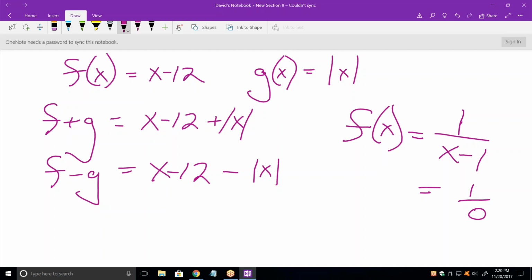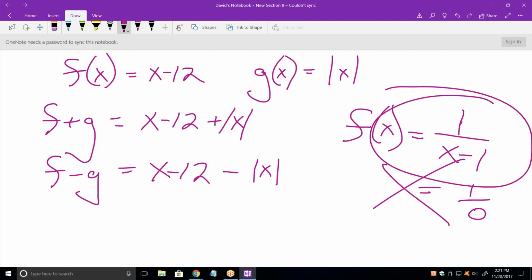That's not allowed. You can't even do that mathematically. That's what domain is all about: what values can you put in for x? And it generally is about what values you cannot put in for x. Most of the answers are all real numbers. This answer would be all real numbers except x equal 1. That would be the only restriction on the domain.